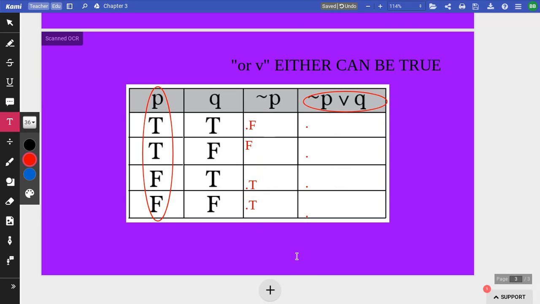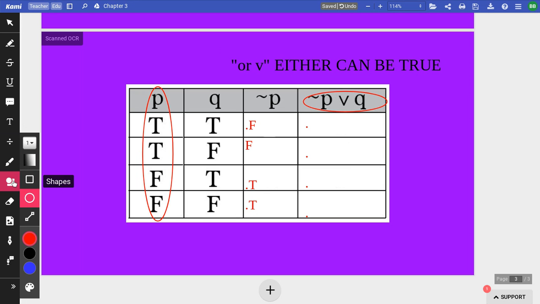So now we're looking at not P or Q. So for this statement, we are going to focus on this part.